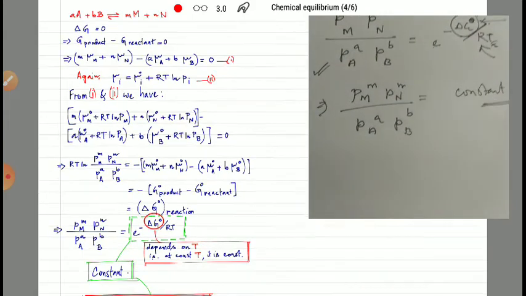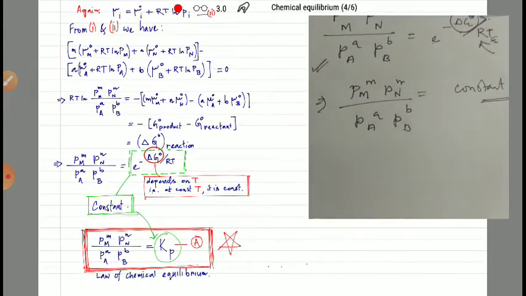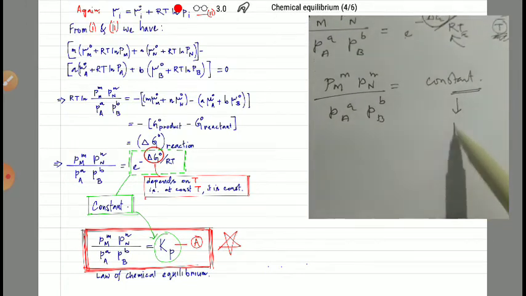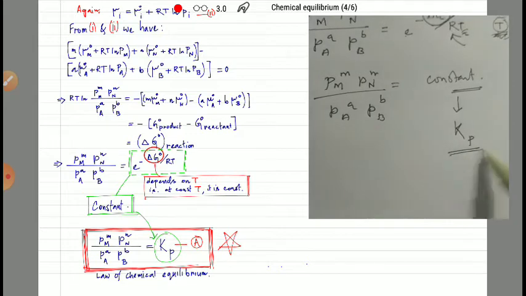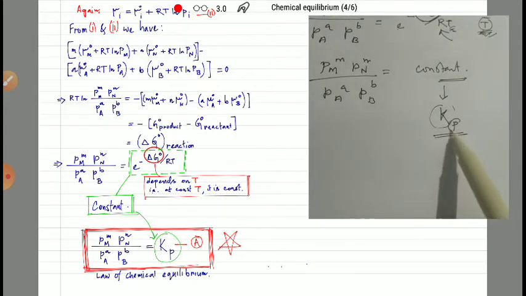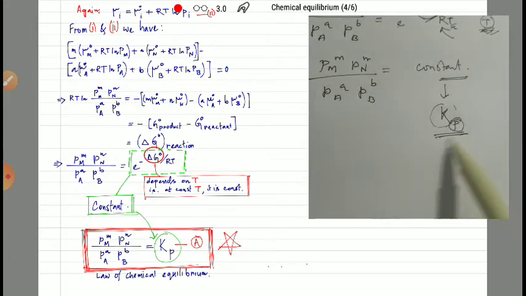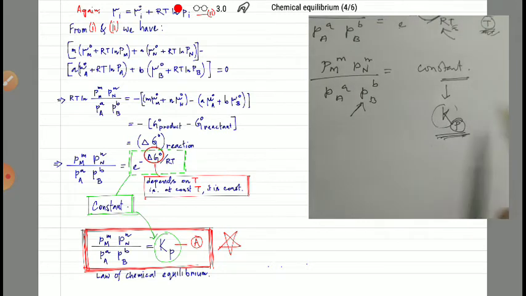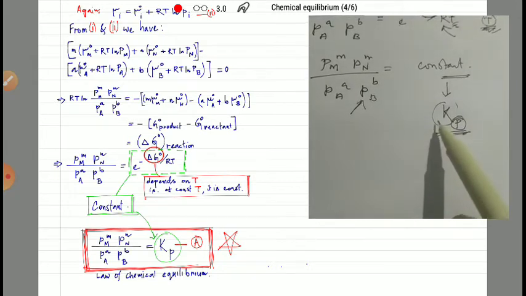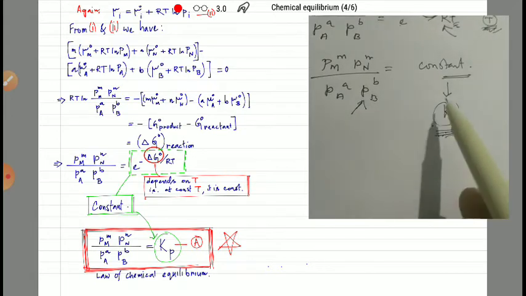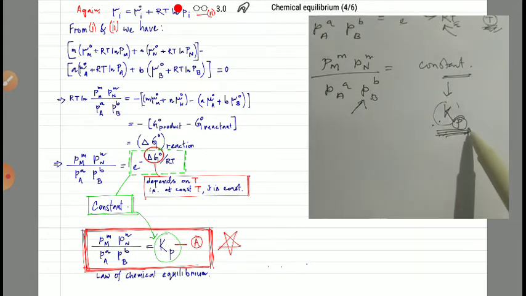This constant is the Kp, the equilibrium constant. Here we write p because we are considering pressure, since these are gaseous reactions. So Kp denotes the equilibrium constant for gaseous reactions.